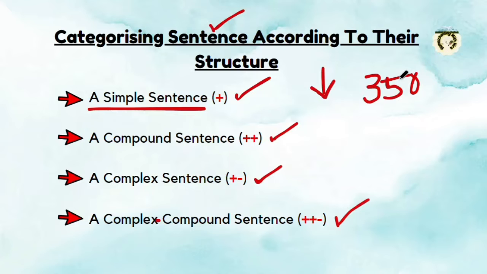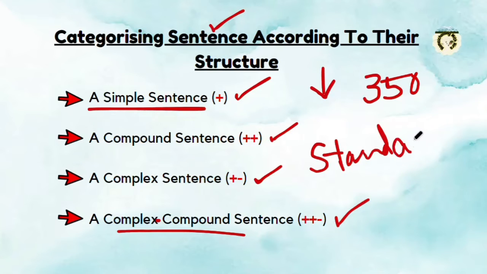So I'll tell you what a simple sentence is, but then we will learn compound, complex, and complex compound sentences as well. They all will help you to improve the standard of your writing as well as the length of your essay.